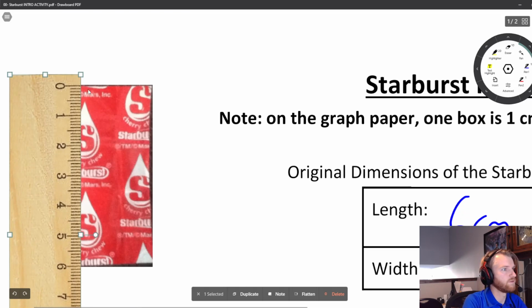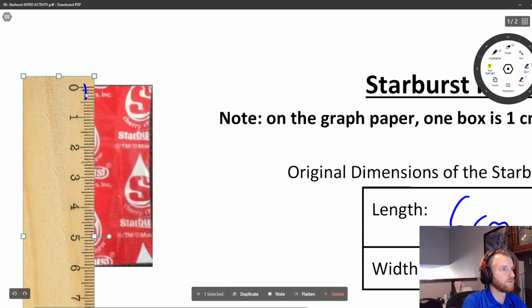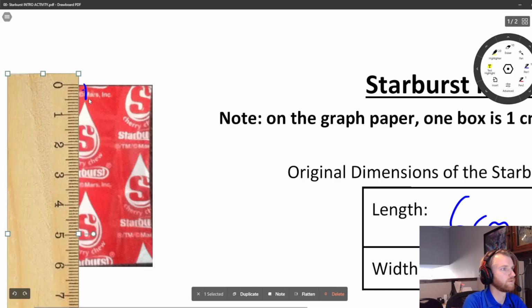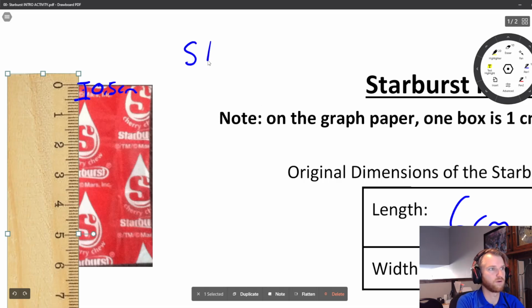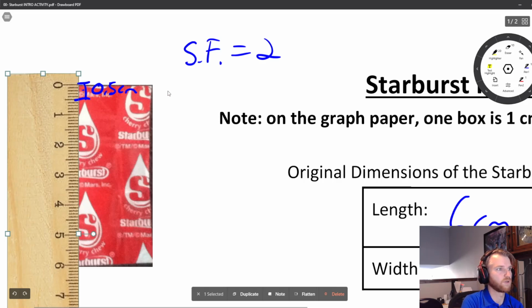This distance from the top of the wrapper to the top of this is 0.5 centimeters. And my scale factor, SF for scale factor, is 2. So in my scale drawing, all these measurements are going to be twice as big. I would have to draw this not 0.5, but twice that, which would be 1 centimeter down.